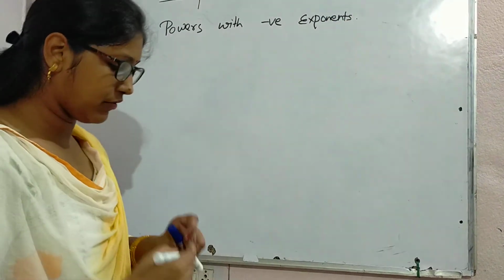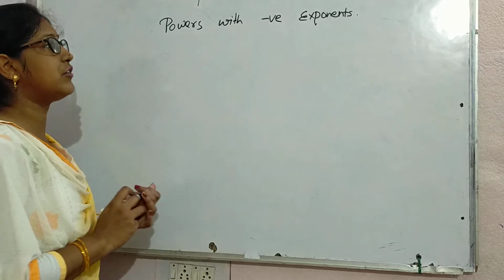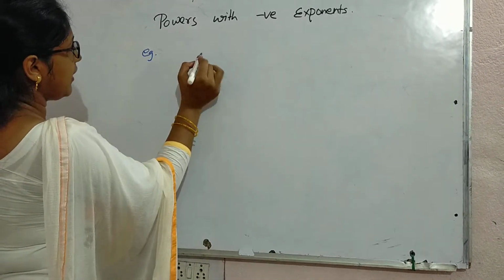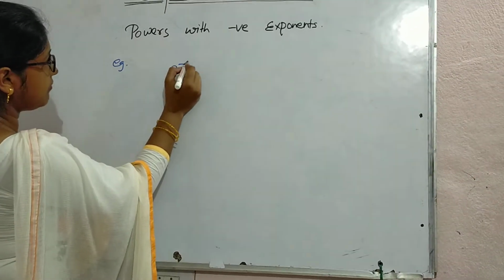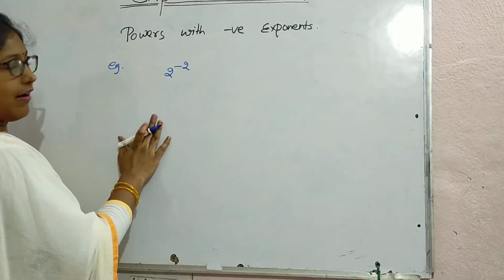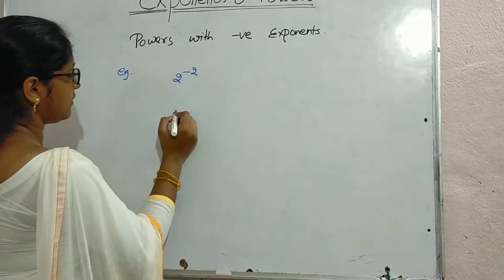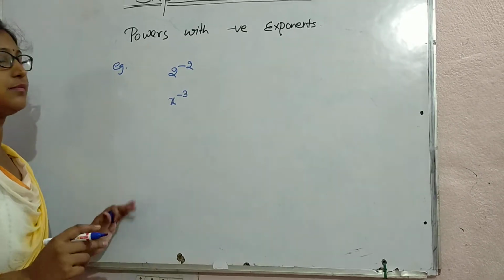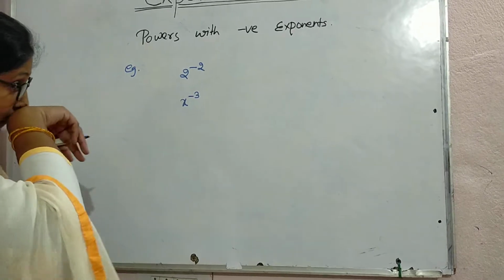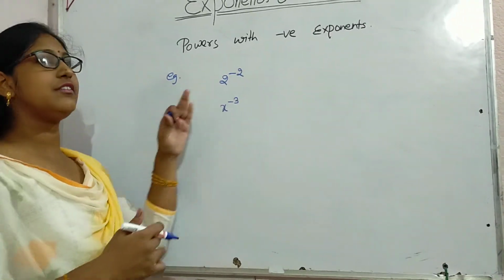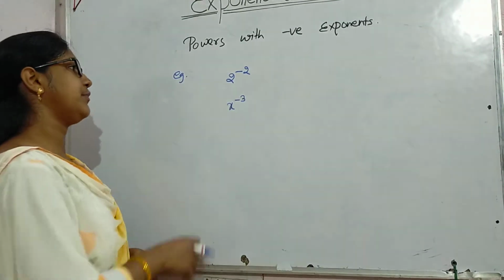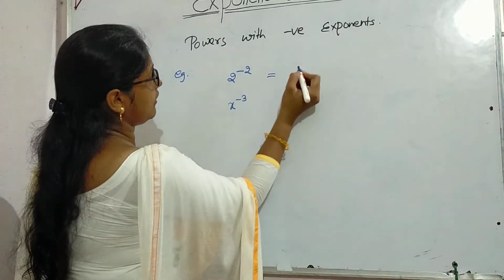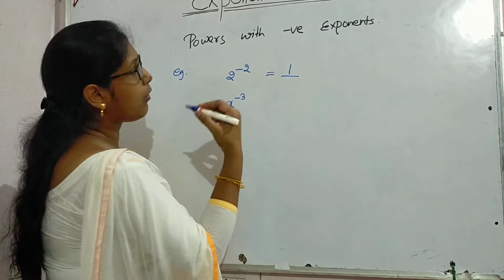Any power with a negative exponent is said to be a power with negative exponent. For example, if I write 2 to the power minus 2, then it is a power with negative exponent. Suppose I write x to the power minus 3, then this is a power with negative exponent. Now we understand how we deal with this negative exponent. This negative exponent is equal to the reciprocal of its positive exponent.